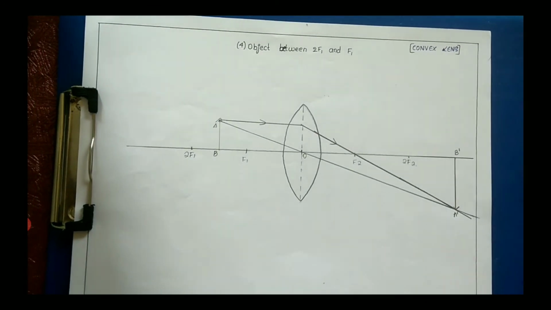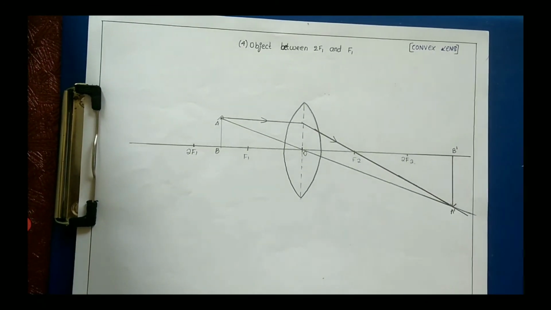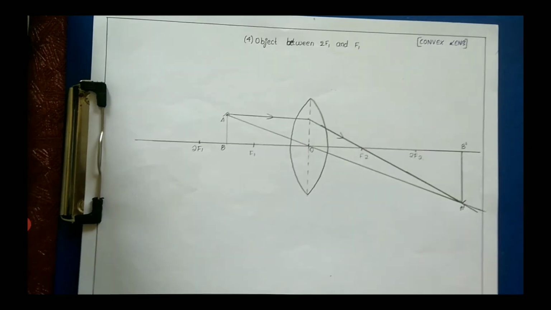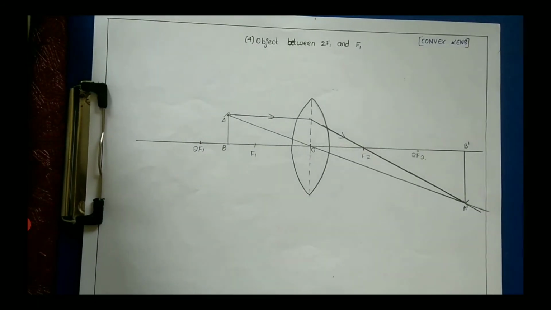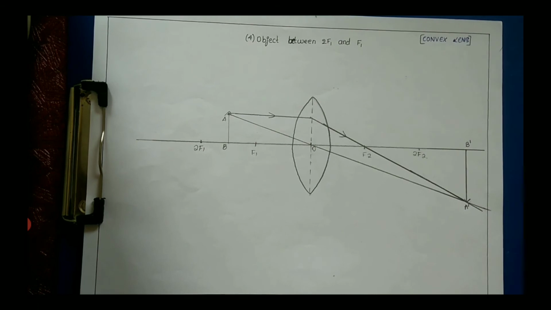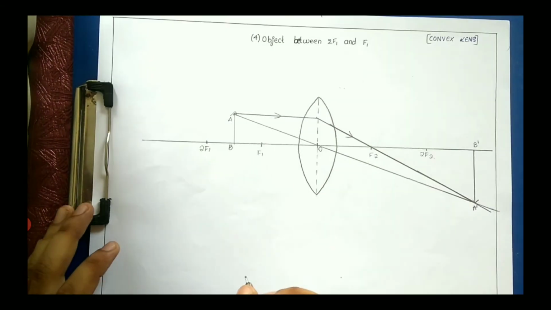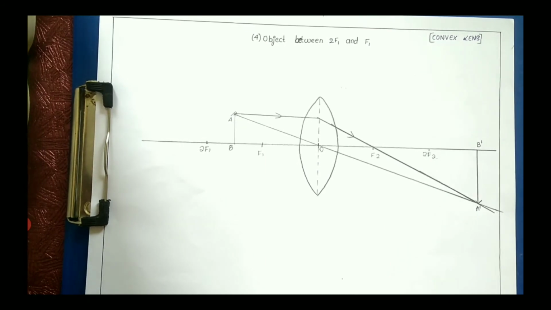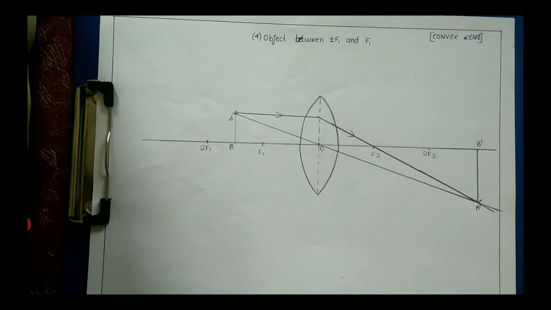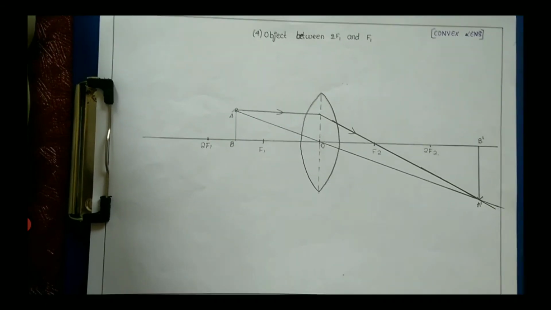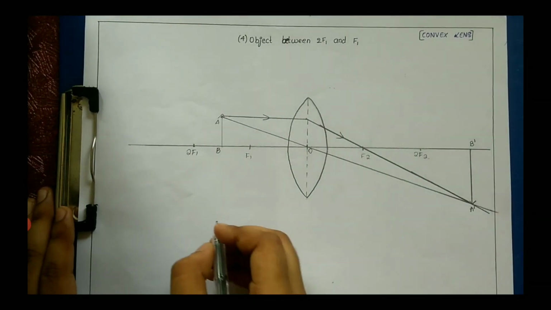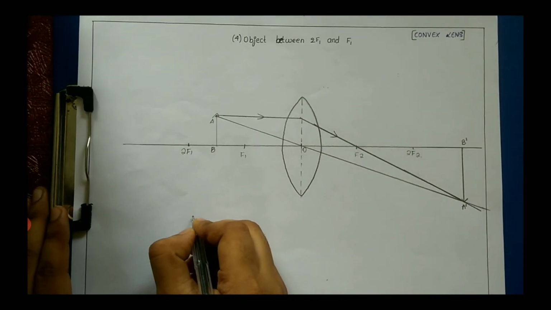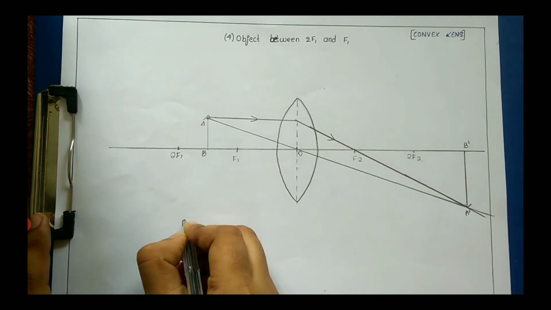A dash B dash is the image, and you can observe it is an enlarged image, and it is a real and inverted image. You can catch this image on the screen, and it is inverted and its size is greater than the size of the object. Now let us write the nature, position and size of the image.